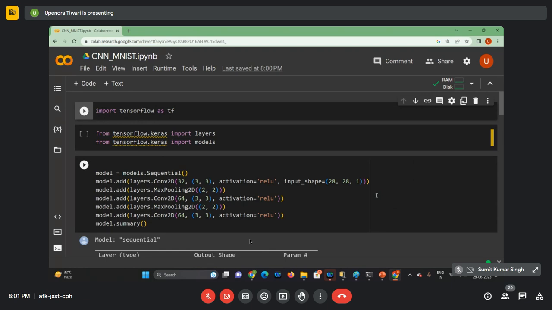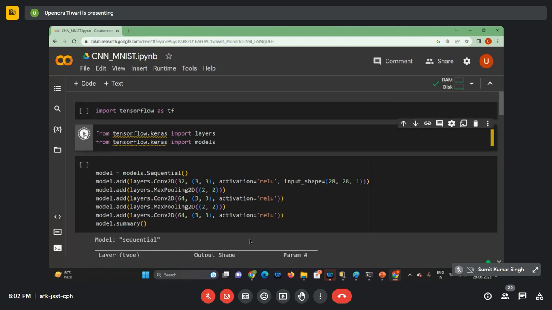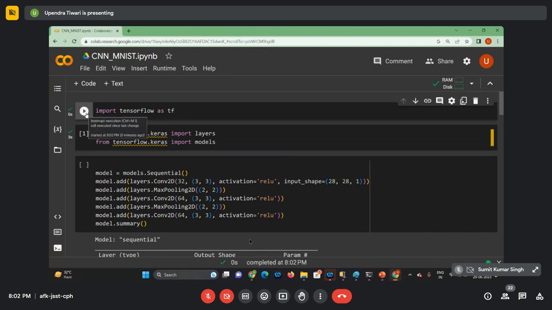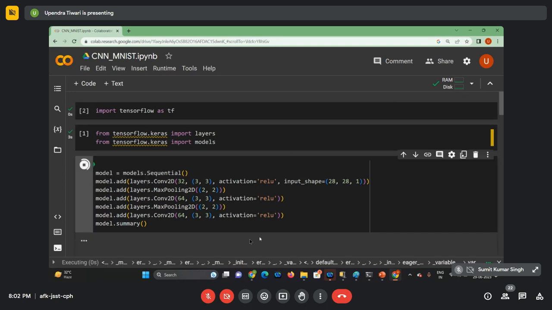Okay, so the RAM is connected. We are again importing the layers and the model just like we have used previously in the ANN. Now this is my model. Let me define it.